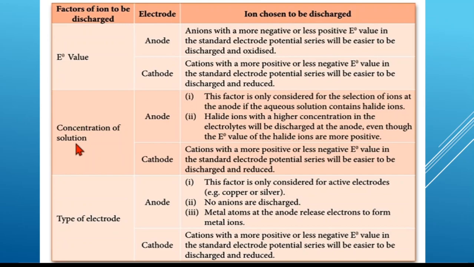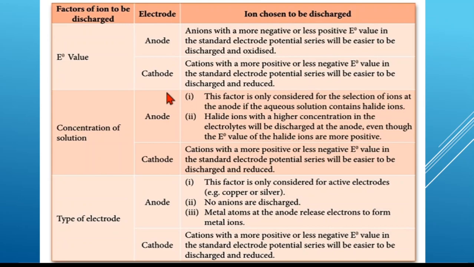Second one, concentrations of solution. Di anode, iaitu positive electrode, this factor is only considered for the selections of ions at the anode if the aqueous solution contain halide ions.